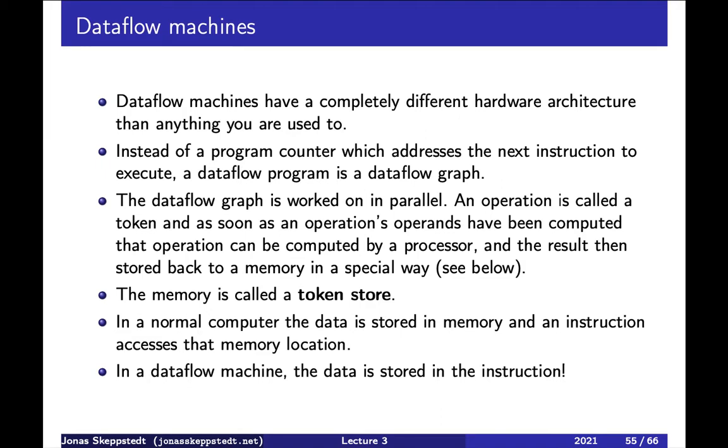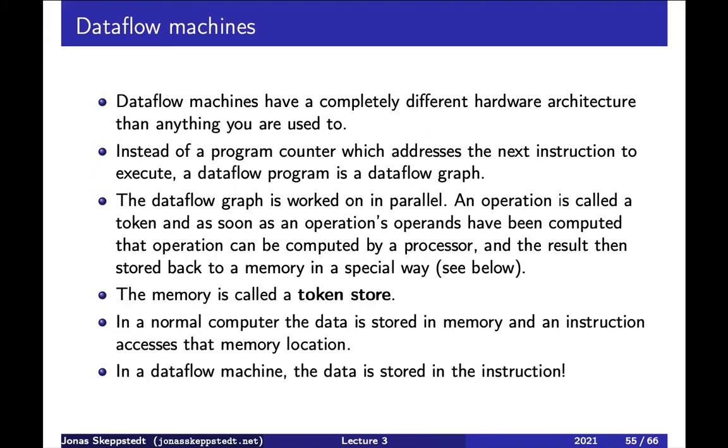In a data flow machine, the program is a graph, and the instructions contain both the data and the command what to do with this data. I mean, to add or subtract or something like that.